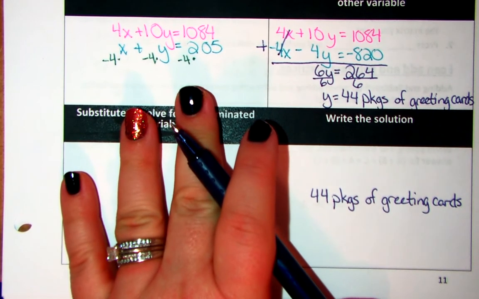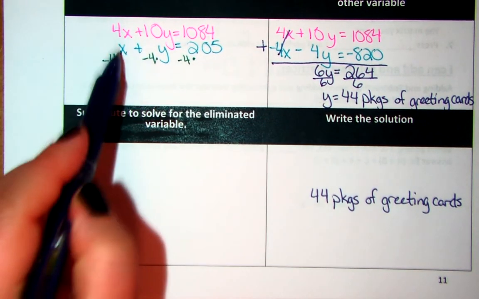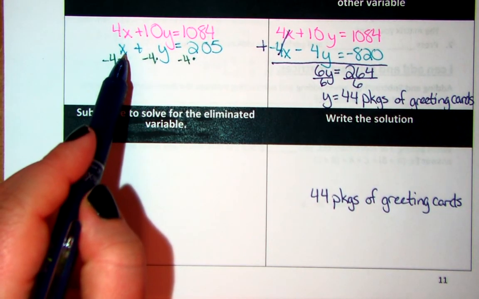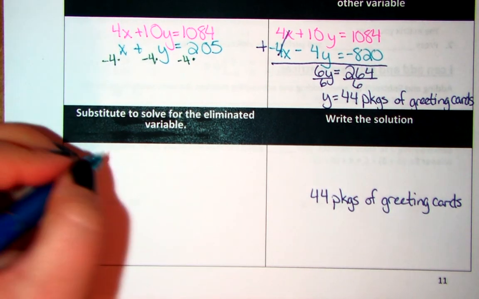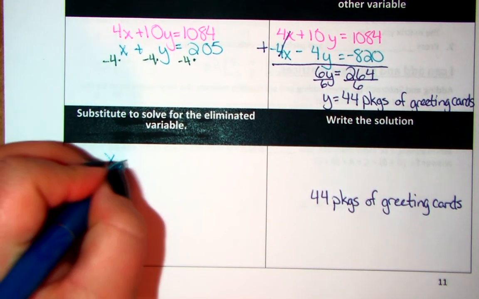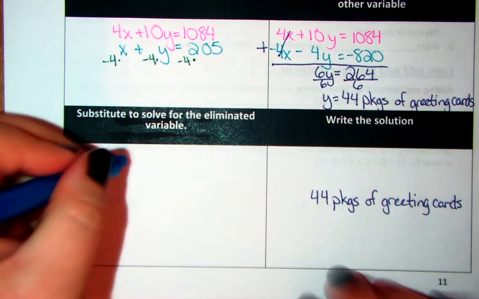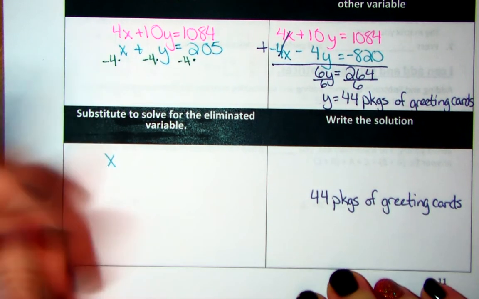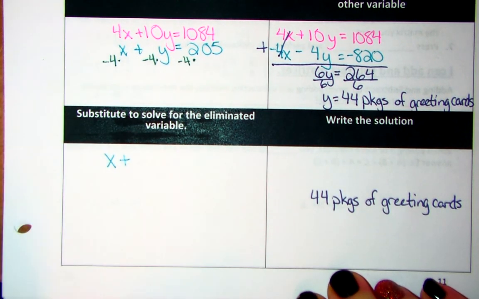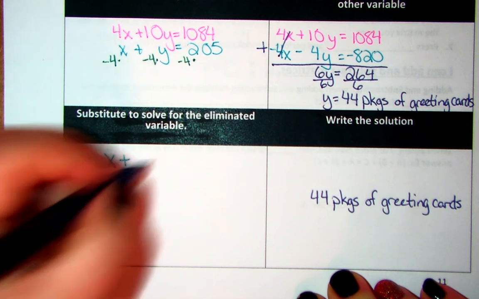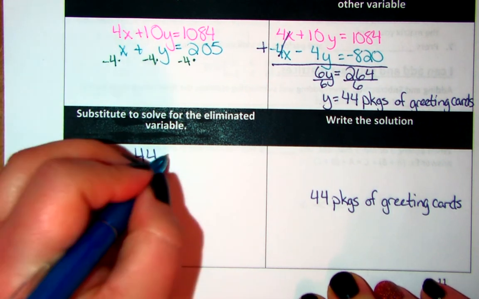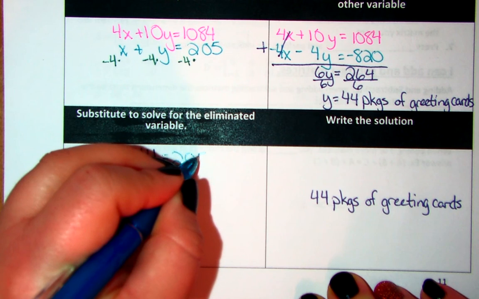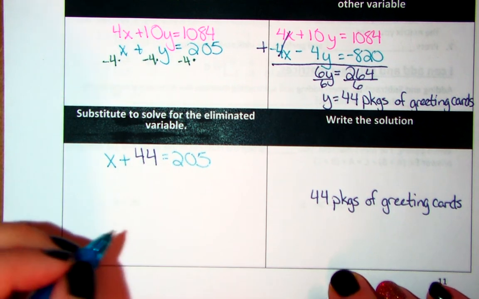In order to figure out how many packages of gift wrap, I'm going to go back to one of my original problems. This one doesn't have as many coefficients in front, so that's the one that I'm going to choose to use. And we are solving for x and plugging in our y value that we just found. So x plus 44 equals 205.